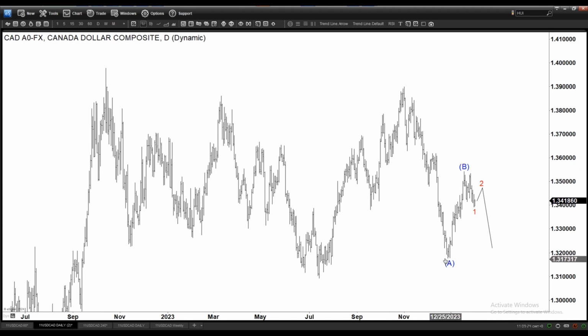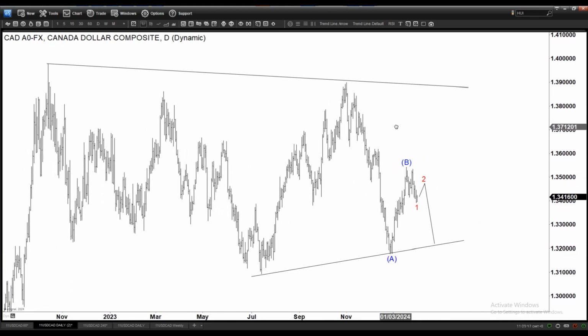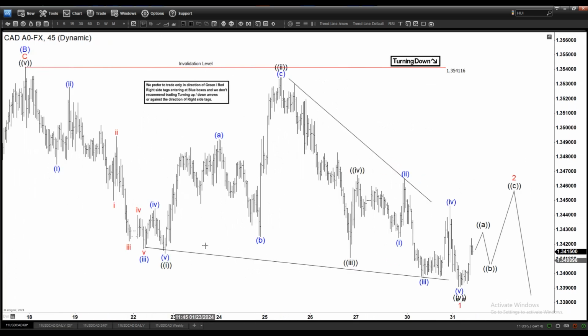But before everybody gets excited, just remember we are still sideways right now, and until we break either side of the sideways price range, we can continue to chop around. Not necessarily will it break below this, because again we don't have a trend in the larger time frame. But what we can say is that it looks like this is a 5 waves down with a divergence, at least in the shorter cycle.